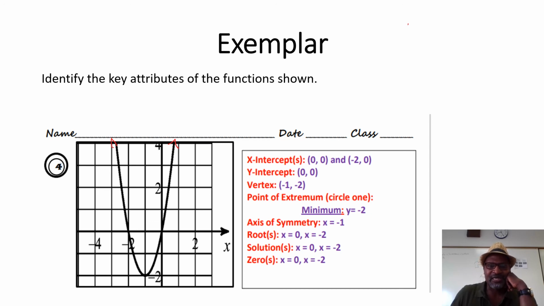Okay, and we've already talked about the minimum. Notice that the minimum is the vertex in this case. The vertex will always be a minimum or a maximum. The axis of symmetry is that vertical line where x is equal to -1. It goes right through the center. And then, of course, we talk about the roots, solutions, and zeros. They're all the same. Okay.